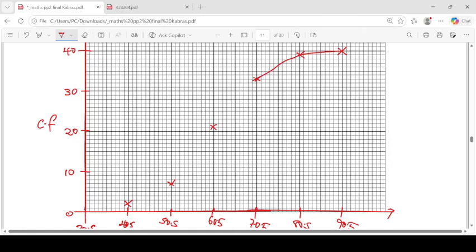Yes, now we are drawing it like that. That is our ogive, as you can see.